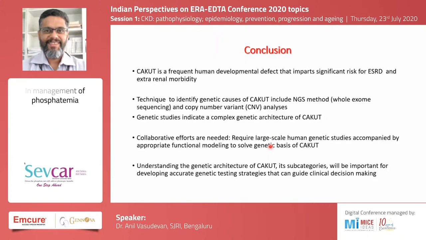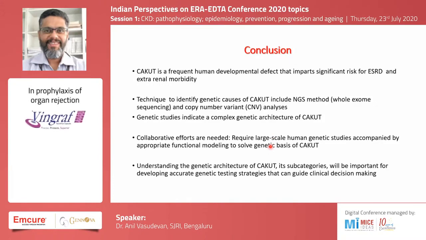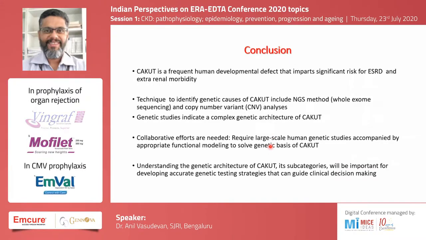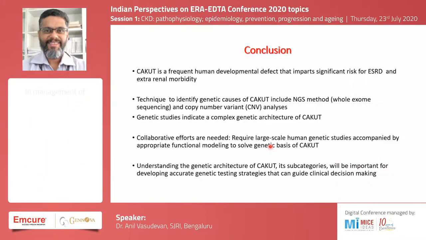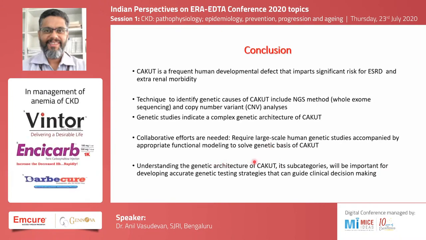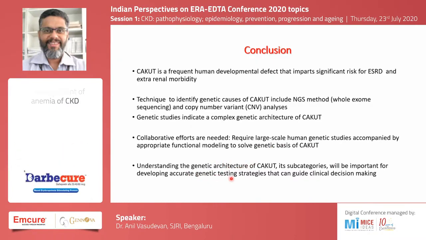So in conclusion, CAKUT is a frequent human developmental defect. The techniques to identify genetic causes include NGS methods and copy number variant analysis through microarray. But these genetic data reveal a very complex genetic architecture of CAKUT, for which we require large collaborative efforts in order to develop accurate genetic testing strategies that can guide clinical decision making.